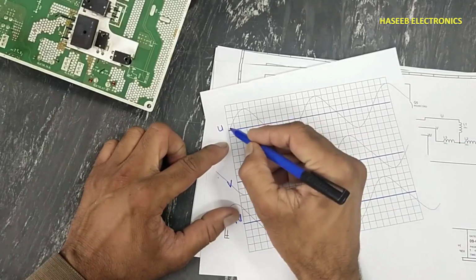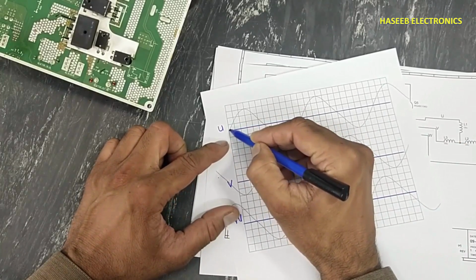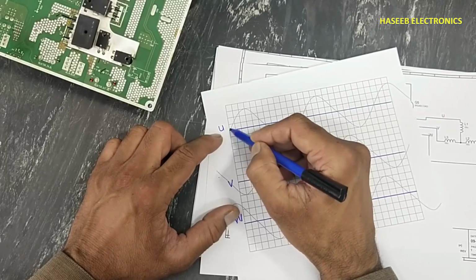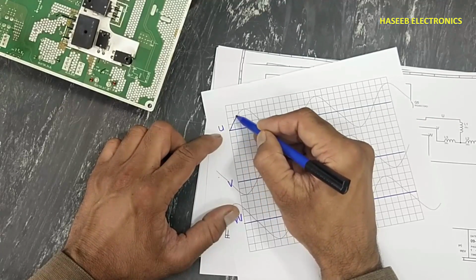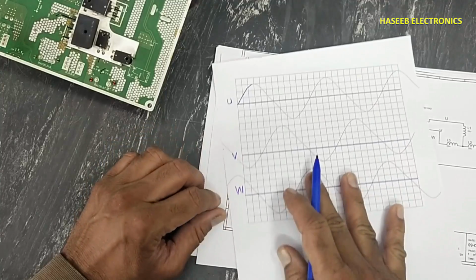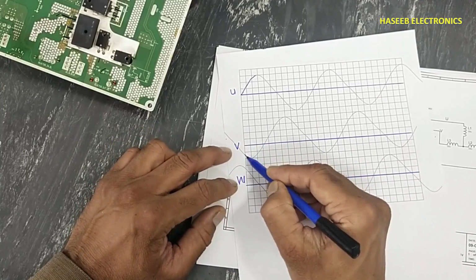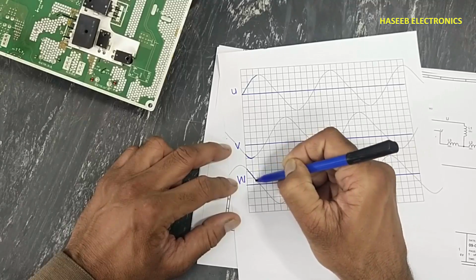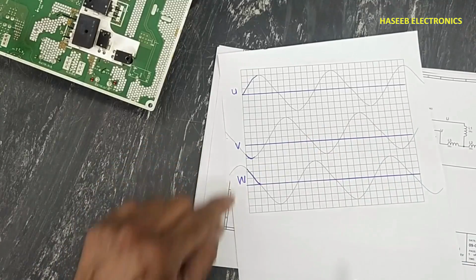This is phase A. When phase A or U is at 0 degree, it is starting from here, V will at negative side and W will high side. This is our first condition.